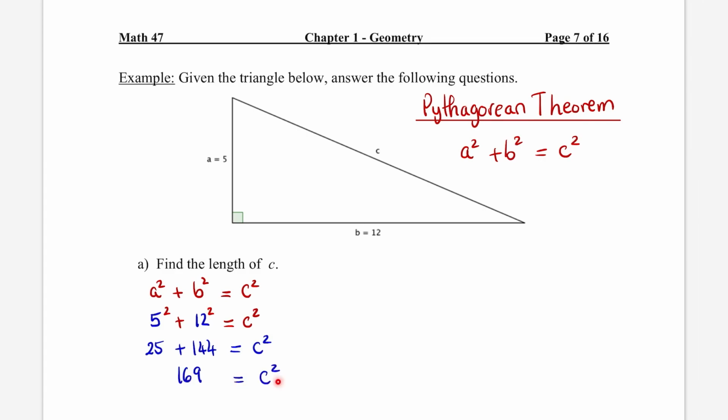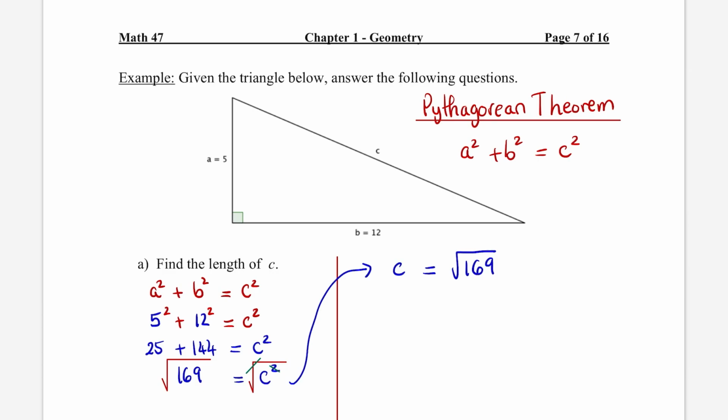So 169 equals C squared. Now I don't want C squared, I want just C. So to cancel out this square, I'll take the square root, and always do it on both sides. The square root and the square cancel out. I have C equals the square root of 169.